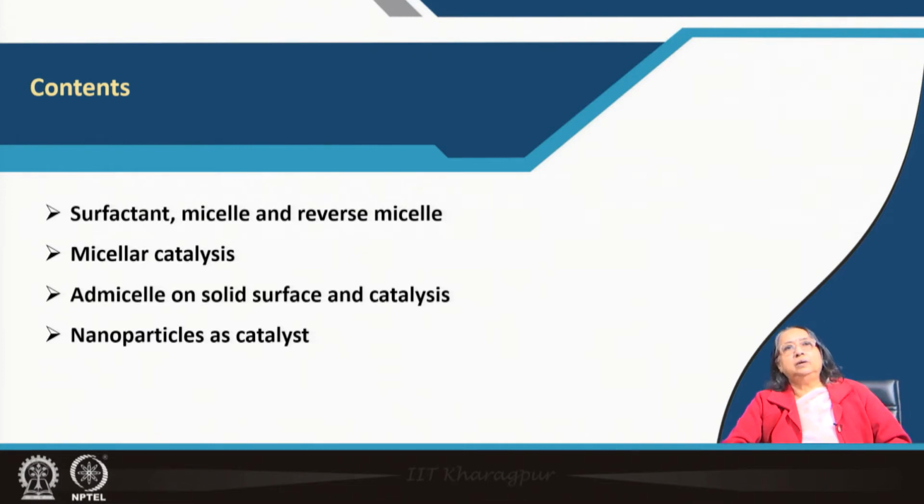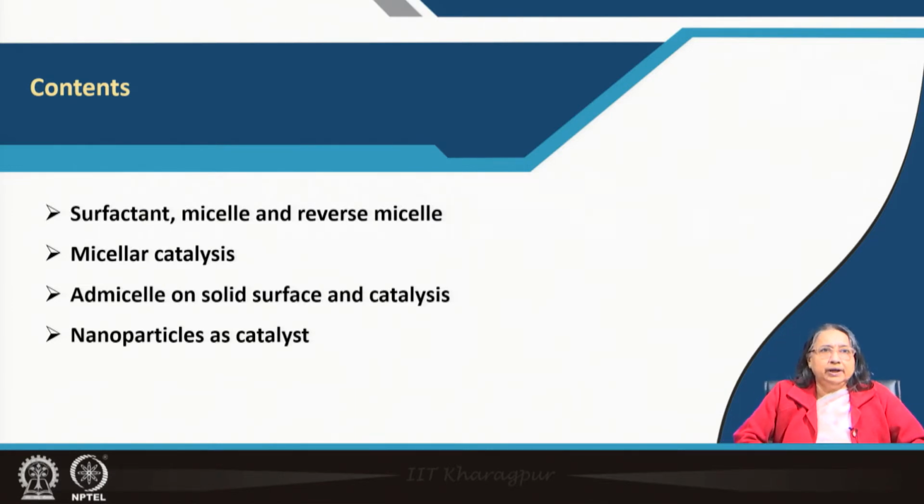Then I will tell about the admicelle and how it can hold the catalyst and act in a favorable way. And then I will tell about nanoparticles, nowadays a very important field of research, the nanocatalyst. I will cover all those things in this lecture.